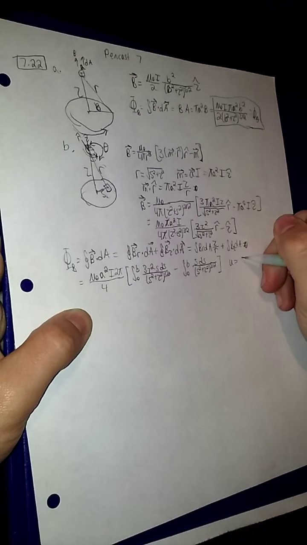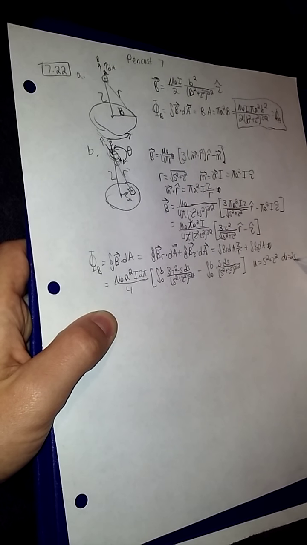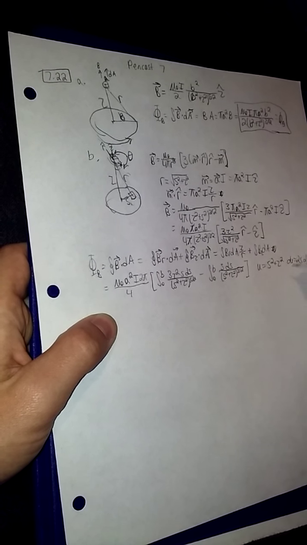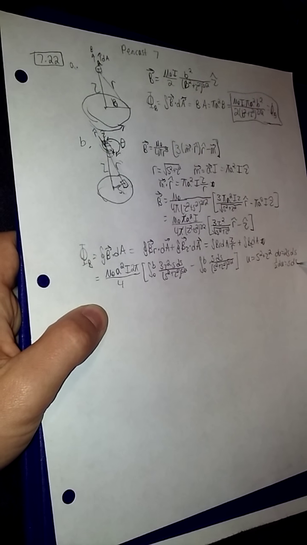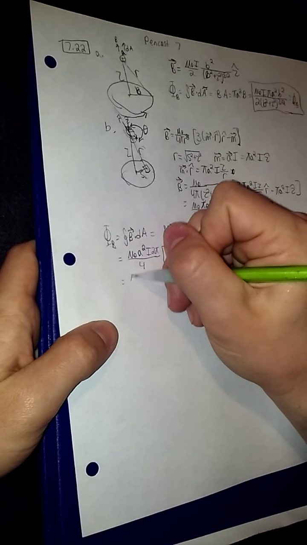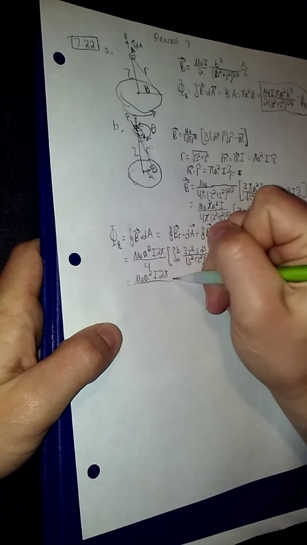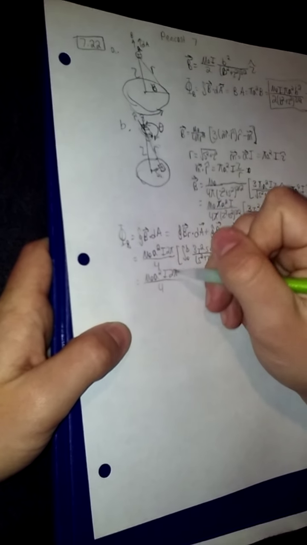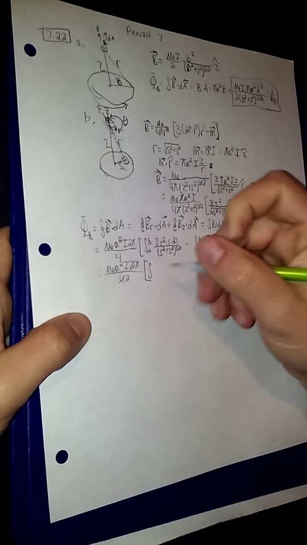So now u equals s squared plus z squared, du equals 2s ds, or 1/2 du equals s ds. We can now write this as mu naught a squared I 2 pi over 4 times the integral.